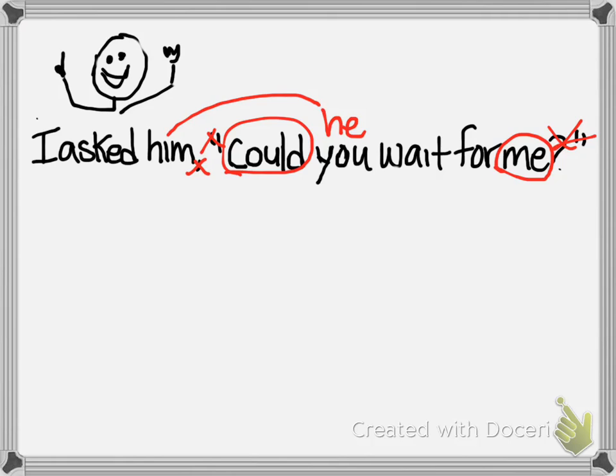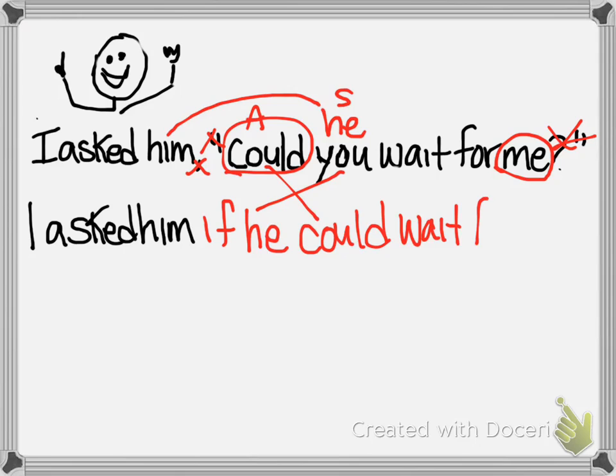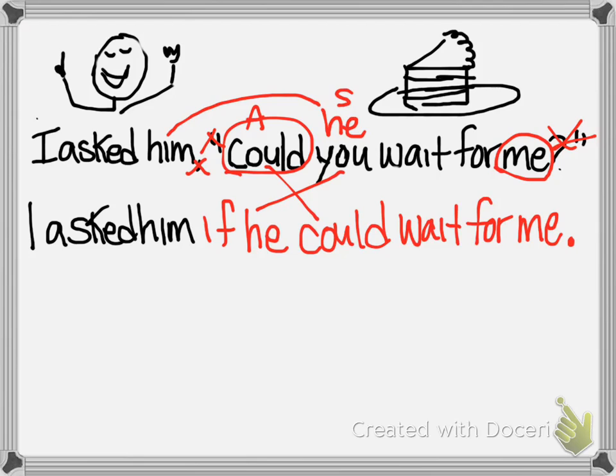I bet you know what to do. So we're going to start with I asked him. What comes next is if. I asked him if. Then we're going to switch places. We've got our auxiliary here, and we've got our subject here. Subject comes first. He. Auxiliary comes next. Could. Wait. For. Me. Piece of cake, right? Yes, an easy piece of grammar cake.